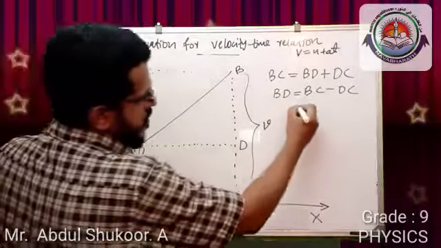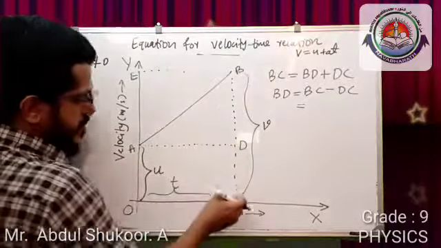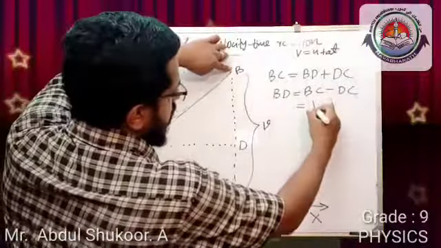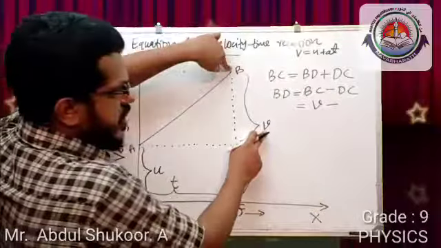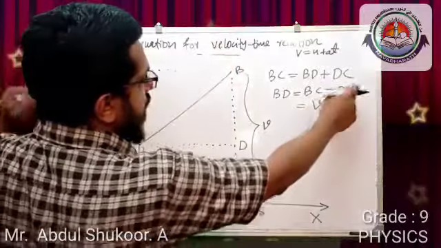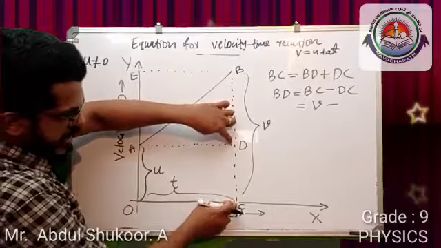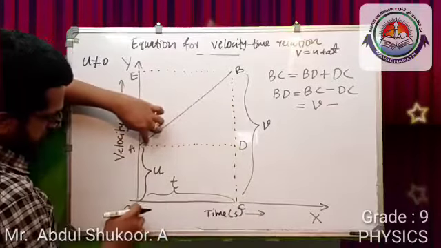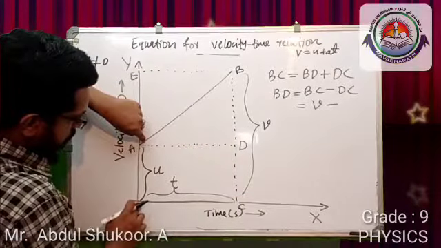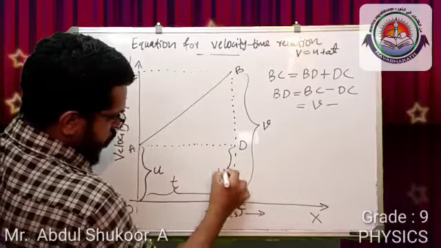Then here BD is equal to BC minus DC. BC we represented as v, the final velocity. Then what is DC here? From this graph we can understand that DC is equal to AO because they are parallel. That means DC is also equal to u.